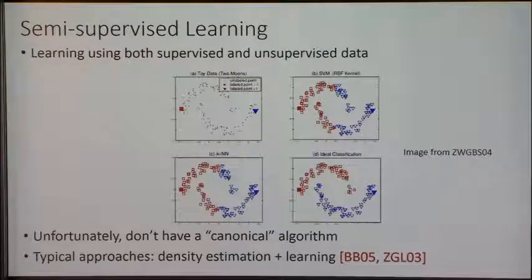However, there are some nice theoretically sound algorithms for this problem, such as the work by Nina and Avrim, and then there is also a work by Zhu, Ghahramani, and Lafferty. So the question is, can we take those types of algorithms and come up with a differentially private algorithm with a good excess risk bound or good generalization error bound, and at the same time provides good privacy guarantees?